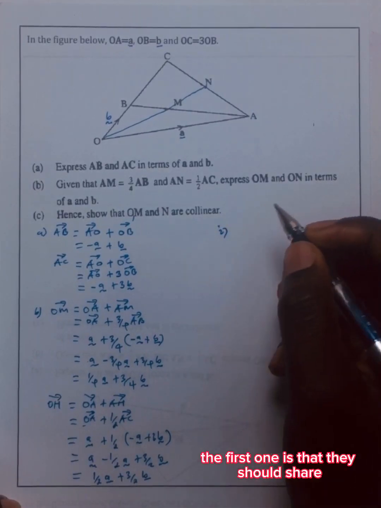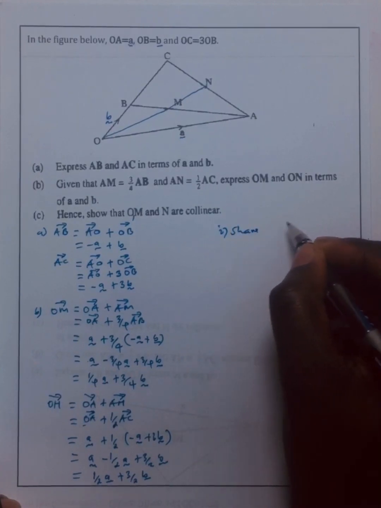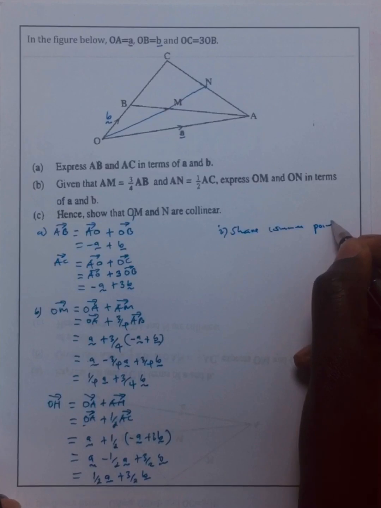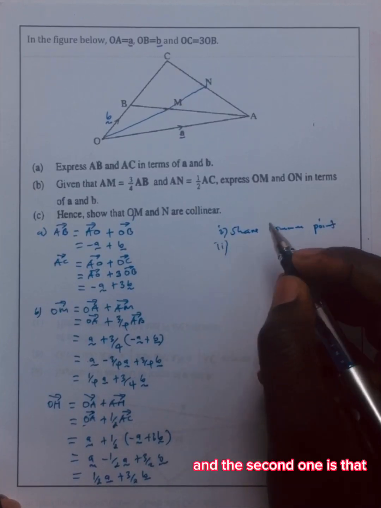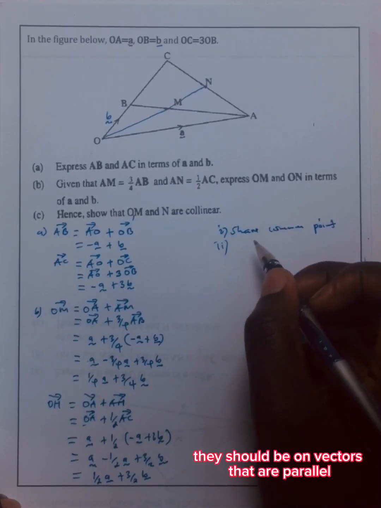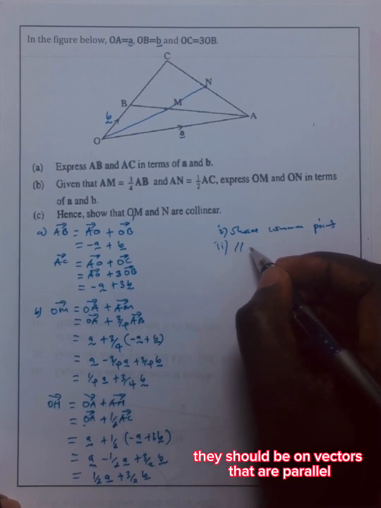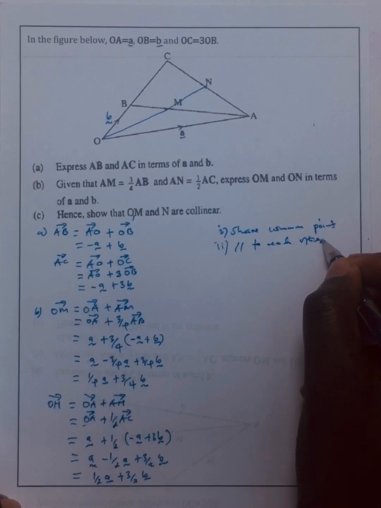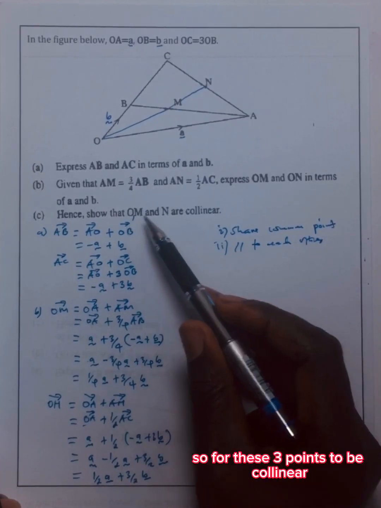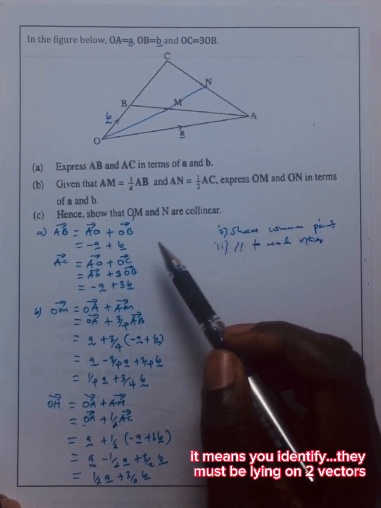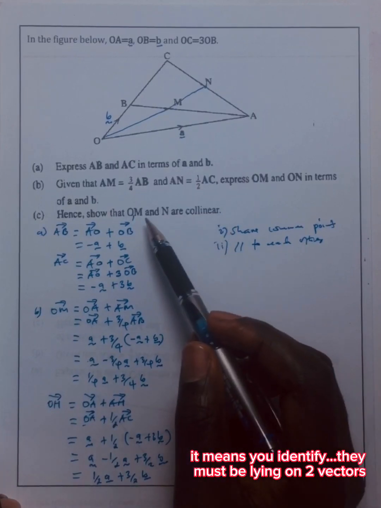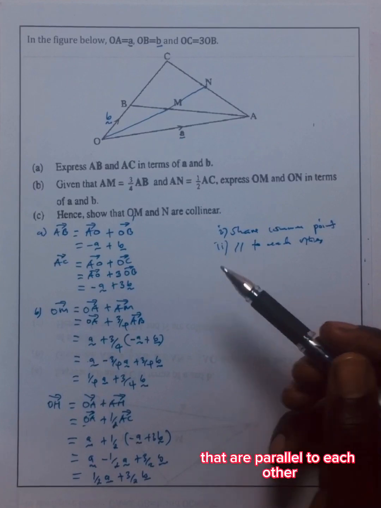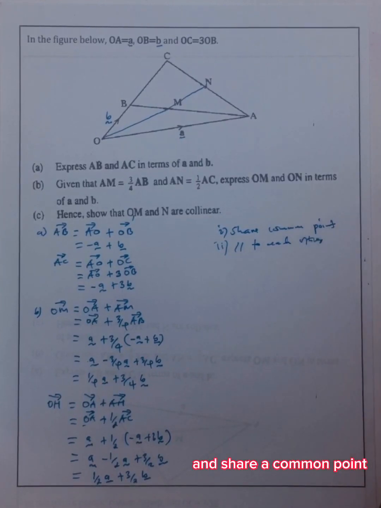The first one is that they should share a common point, and the second one is that they should be on vectors that are parallel to each other. So for these 3 points to be collinear, they must be lying on two vectors that are parallel to each other and share a common point.